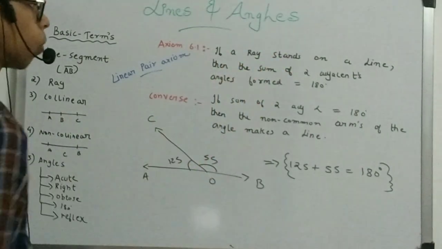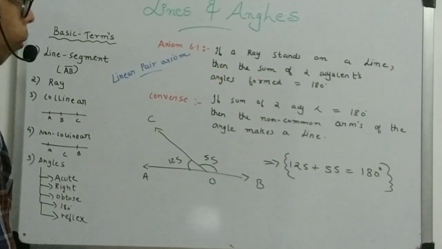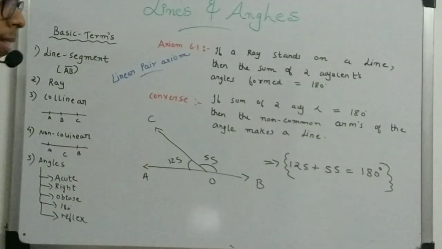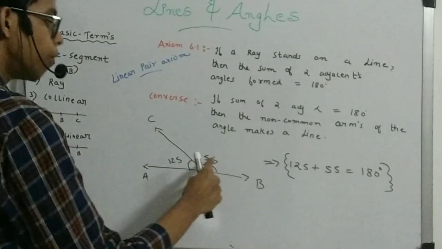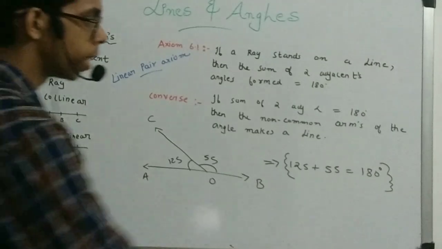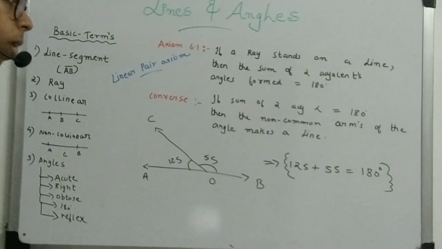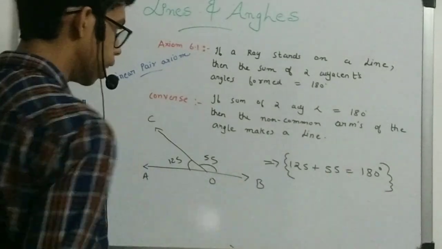This is exactly what this axiom is saying. We also call this axiom the linear pair axiom. Why? Because when we add these two angles, we get a linear pair, and the sum of them is equal to 180 degrees.